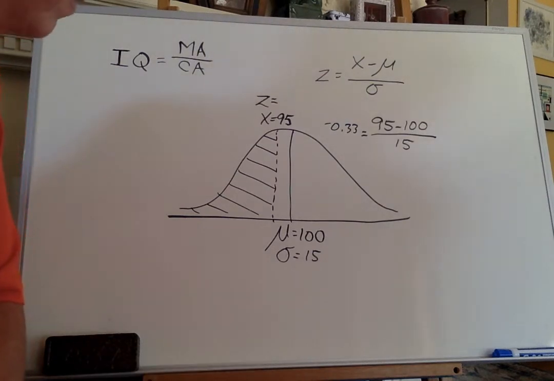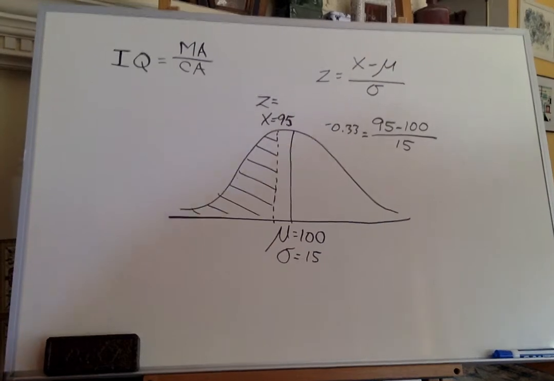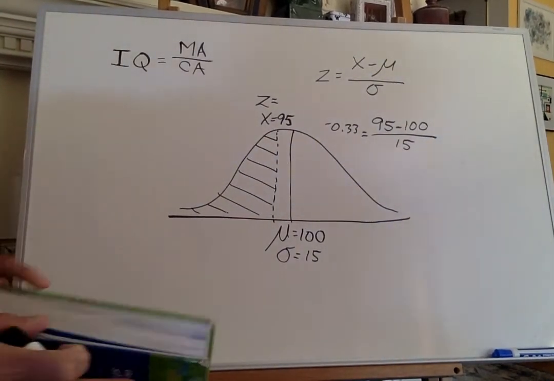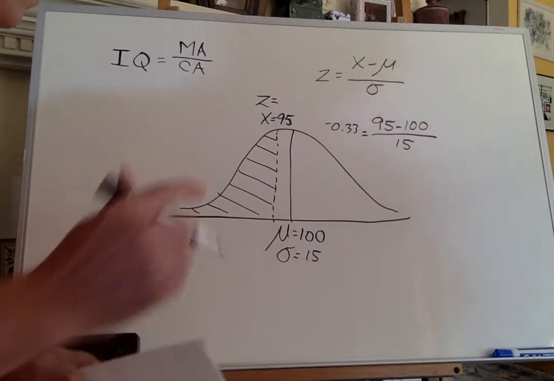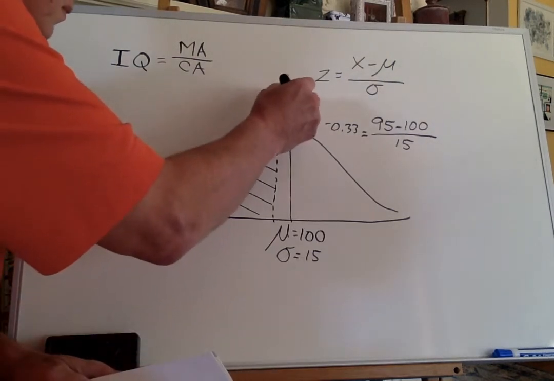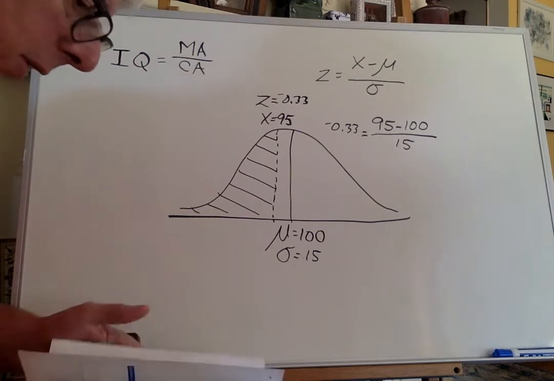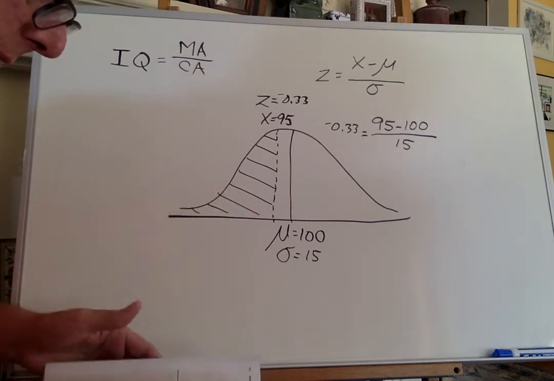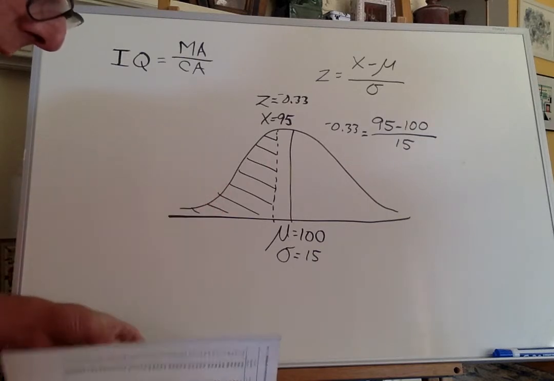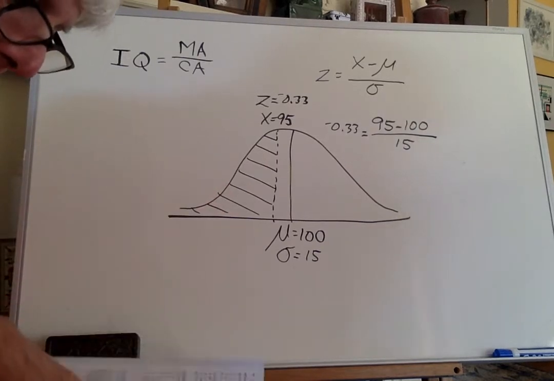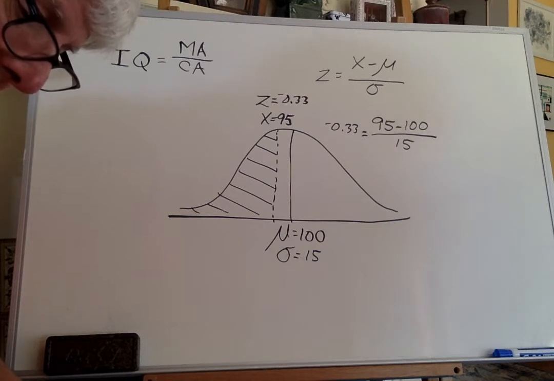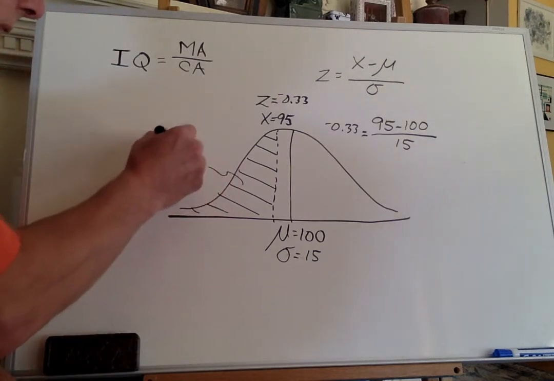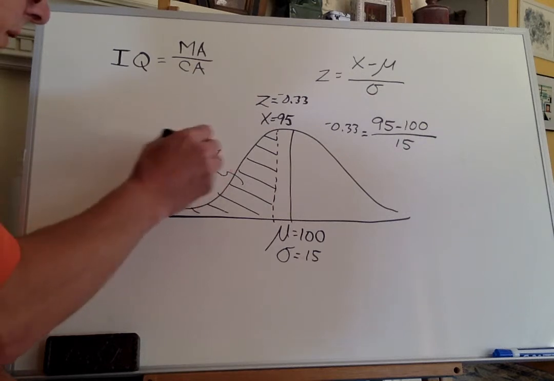A negative 0.33. So once again, let me reach down and get my textbook here. I'm going to look up that proportion in the tail, because that's what I've shaded in here. 0.33 in the tail: 37.07%.